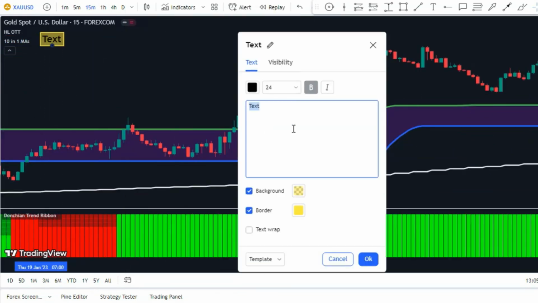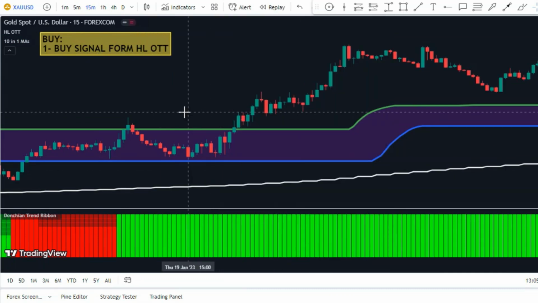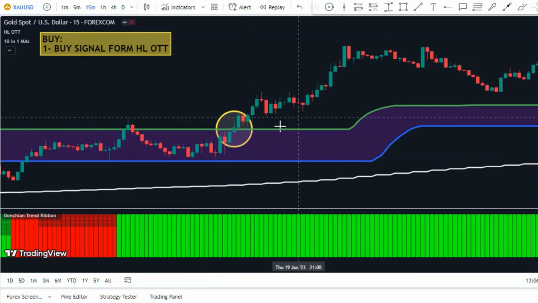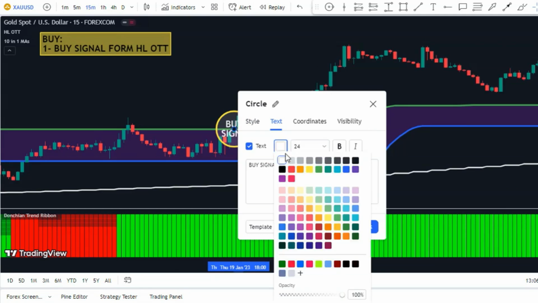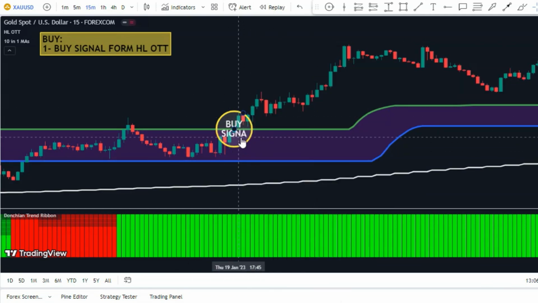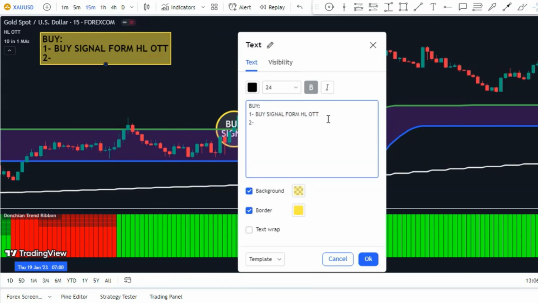To enter a buy trade, the price must first issue a buy signal with a breakout or reject from the first indicator, which is called High and Low Optimized Trend Tracker. For the initial confirmation of the signal, the Downtrend Trend Ribbon must be green.